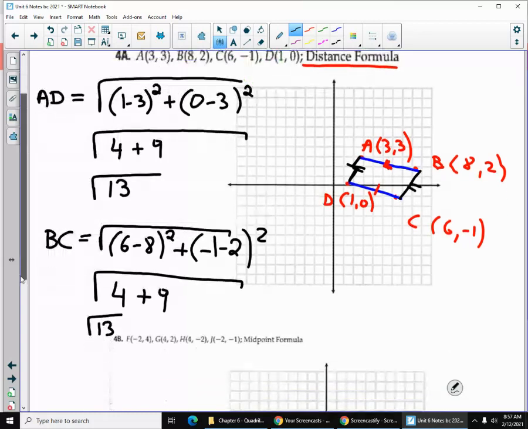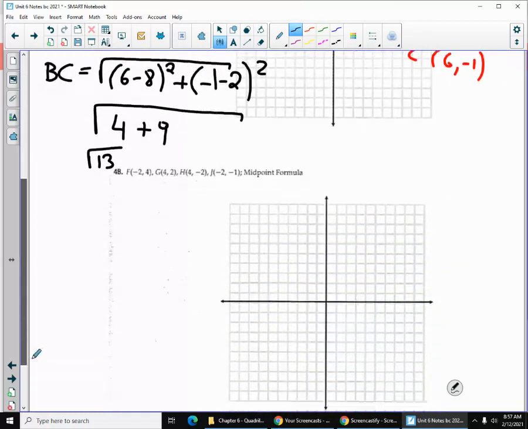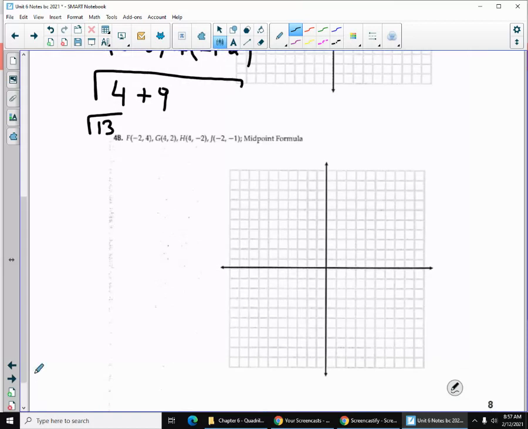The last thing you will do on your own: question 4B, you will be asked to check whether quadrilateral FGHJ is a parallelogram using the midpoint formula. So again, if you use the midpoint formula, you will show that diagonals bisect each other.